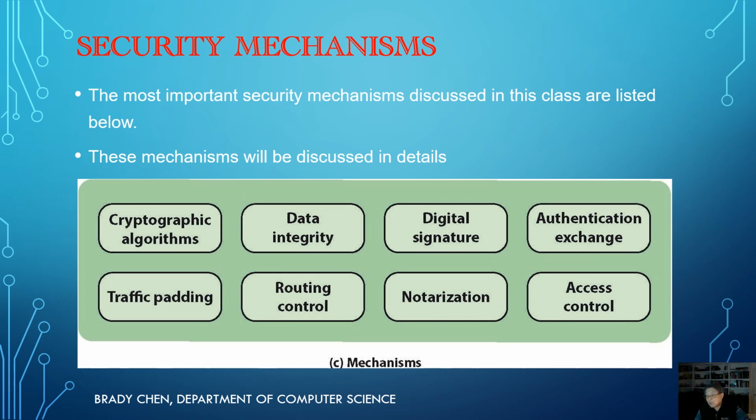If you go back to the previous slides, you will find we mentioned that. In some cases, one security service may be implemented by one or multiple security mechanisms. Here the most important security mechanisms are listed. We will discuss each of these in much more detail.